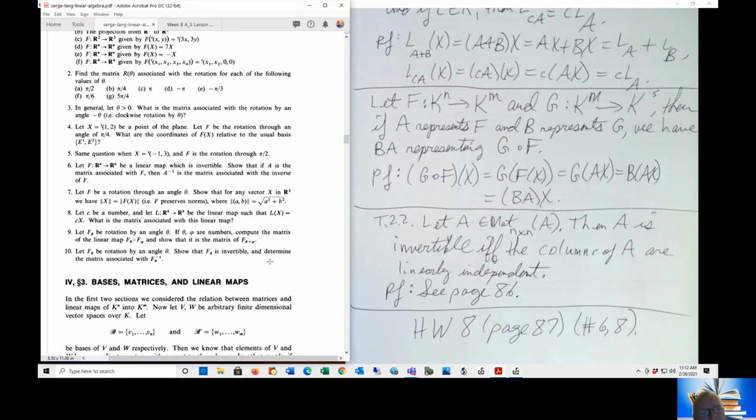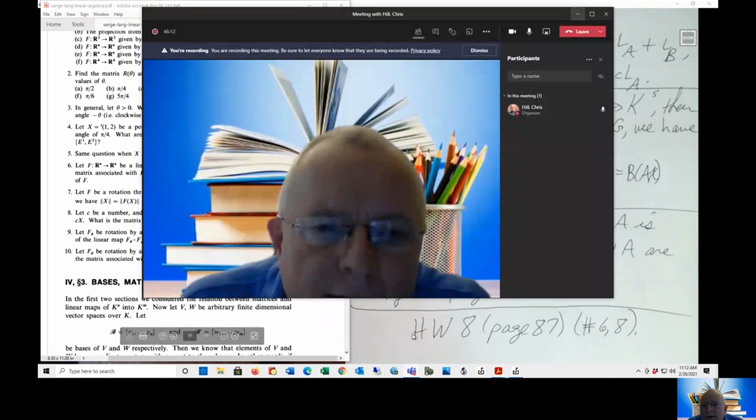Show that if A is the matrix associated with F, then A inverse is the matrix associated with the inverse of F. And then number 8, if C is a scalar and L is the linear map from Rn to Rn so that L of X is CX, what is the matrix associated with the linear map? Don't overcomplicate either one of those problems. They're not that hard. So work on those for homework 8, and that's all for our video lecture for this section.